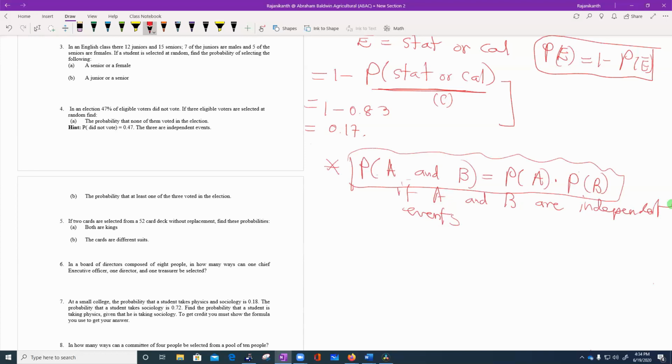If both sides match, that means A and B are independent. This is in your class notes, so please go and check.